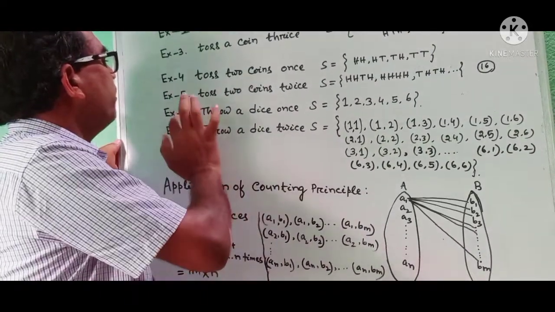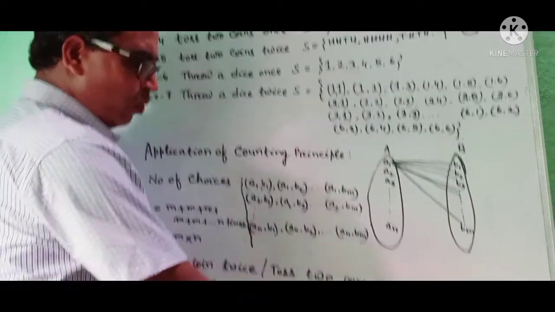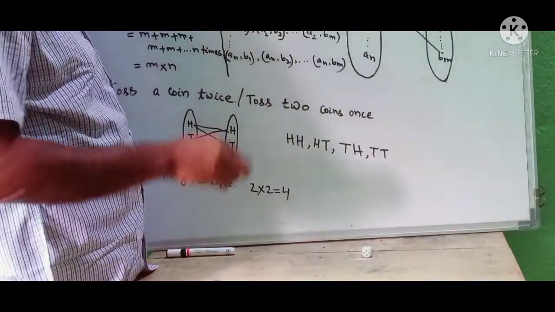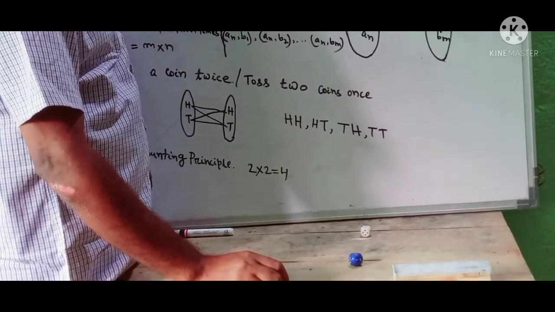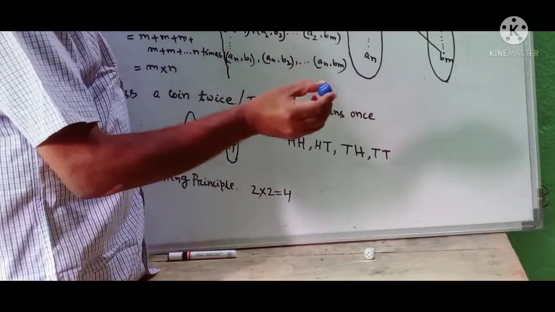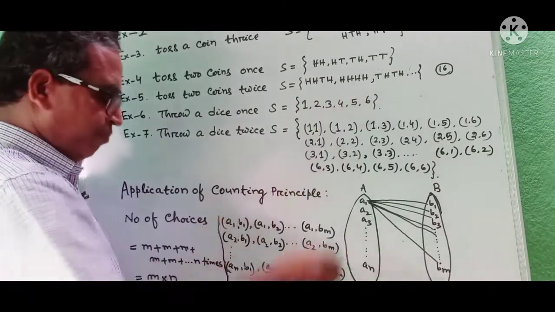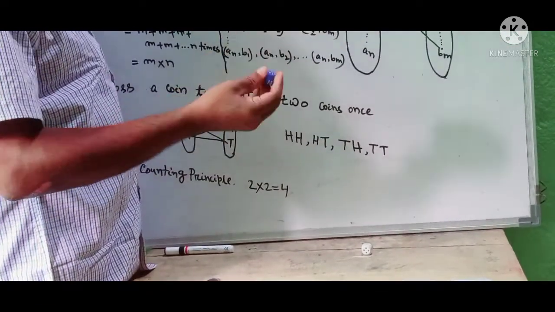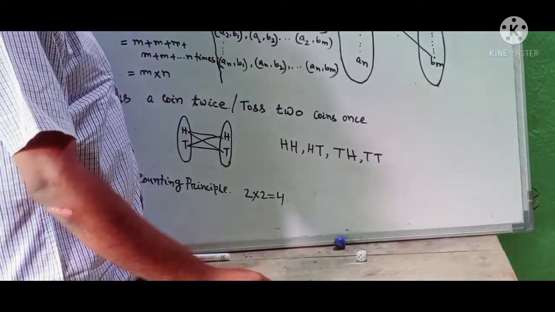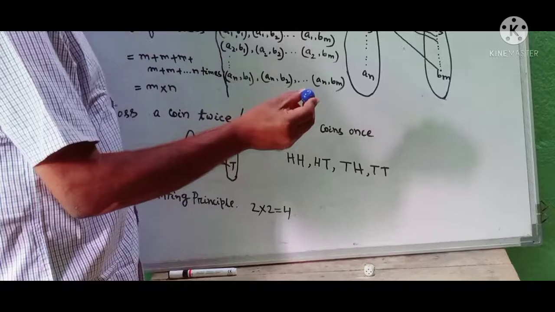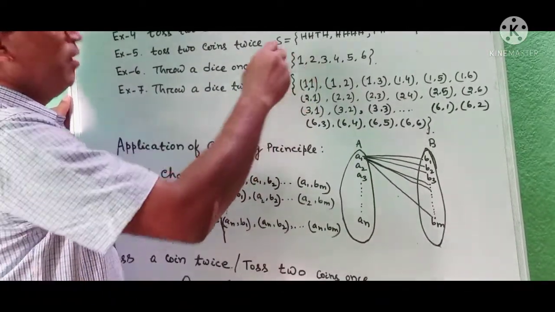Example 6: throw a dice once. I got 6. I have completed one experiment. Next experiment, I got 2.